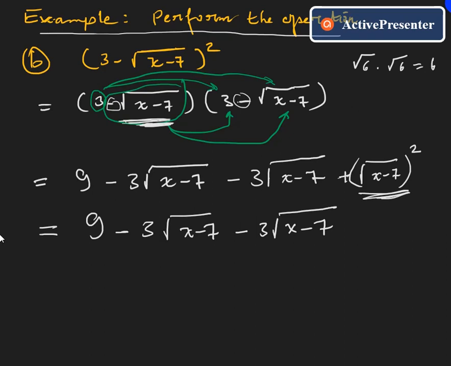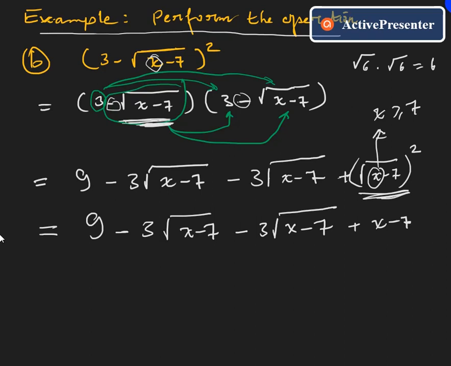This is equal to x minus 7 in case x is greater than or equal to 7. It is assumed from the question itself that it is greater than or equal to 7. It couldn't be less than 7. If it is less than 7, we will have a complex number.